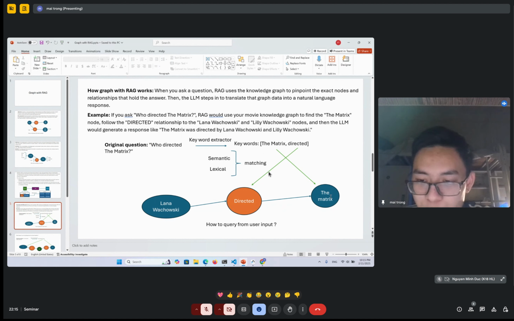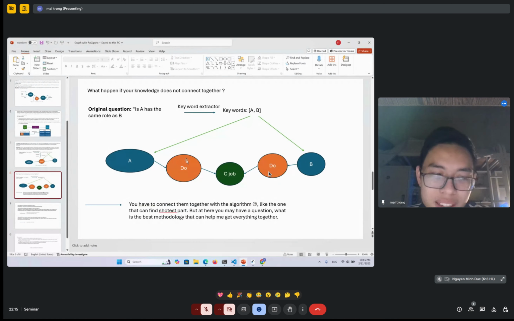For example, I match with this node. How to match it? Simple. By semantic, lexical, we have a bunch of options from embedding to the traditional approach. So this is a simple way, a very simple way. But there is a problem.